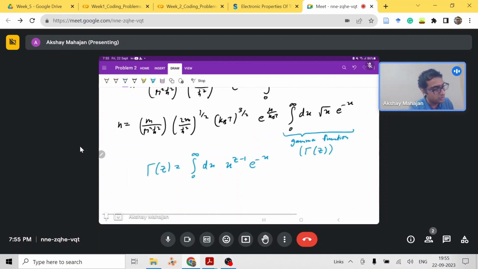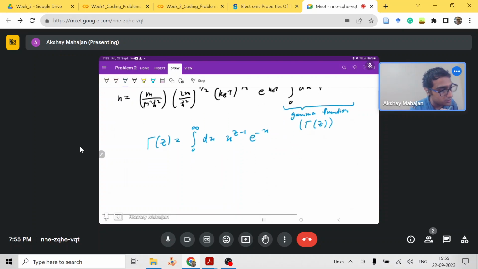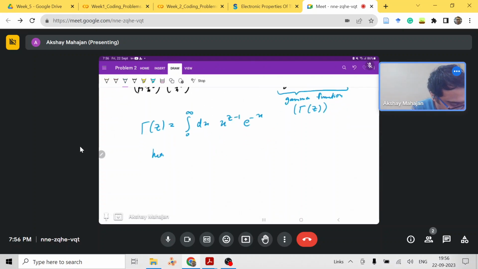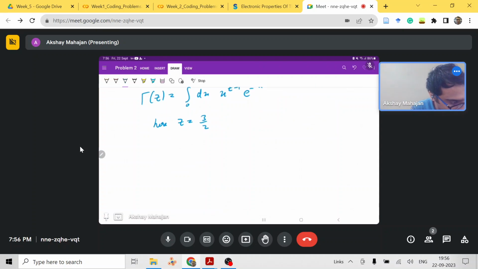You can see that here z is 3 by 2, since z minus 1 will be half. So we have gamma of 3 by 2, which equals the integral from 0 to infinity dx x to the power 1 by 2 e to the power minus x.